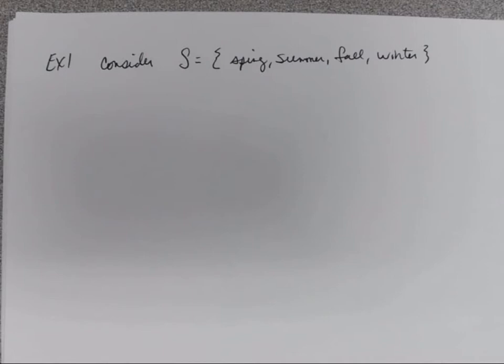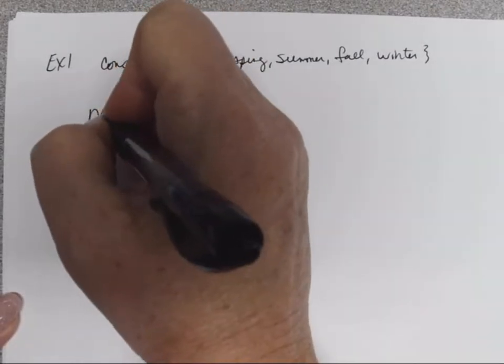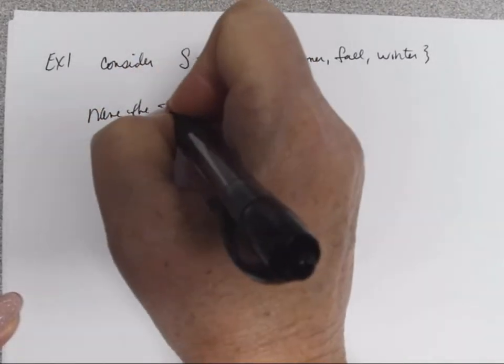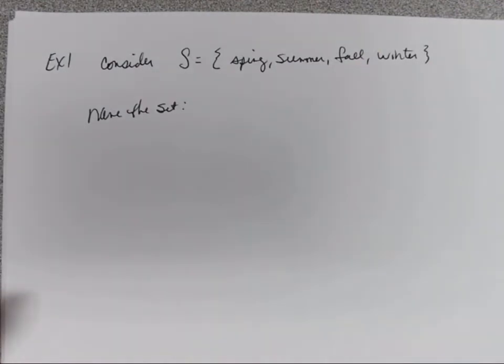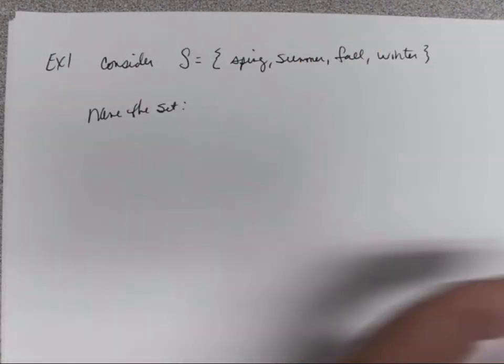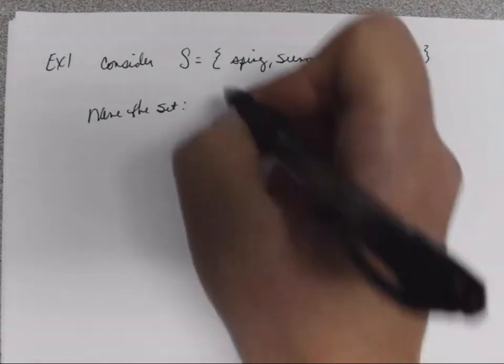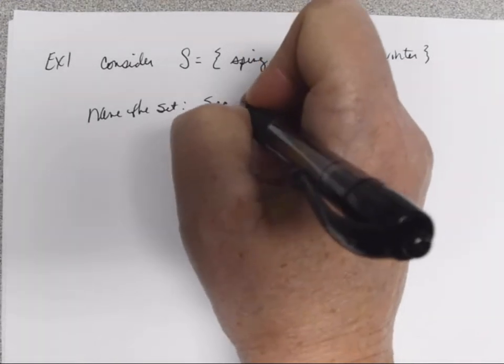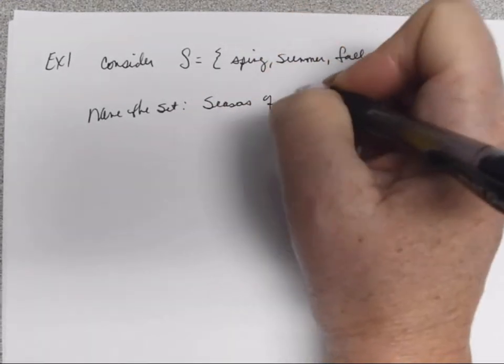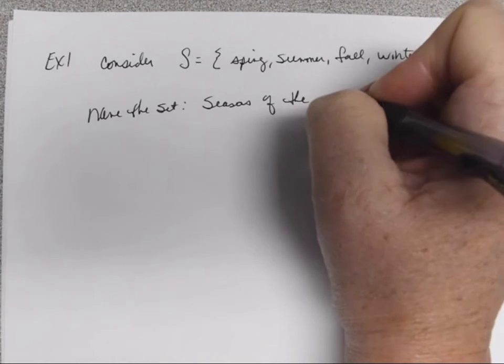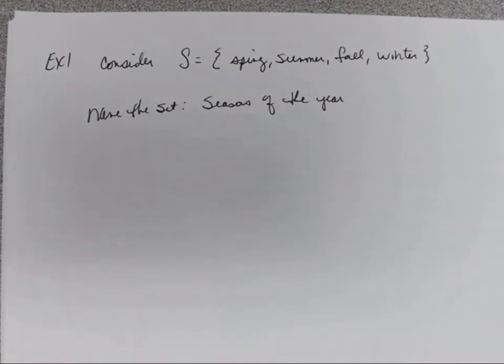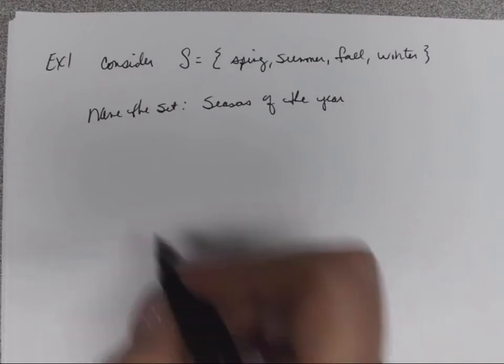Can we name this set? What do we think the set with spring, summer, fall, and winter would be? Well, we could name this the seasons of the year, because those are the seasons that we see in our year.